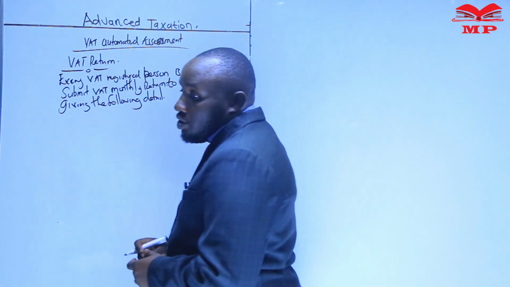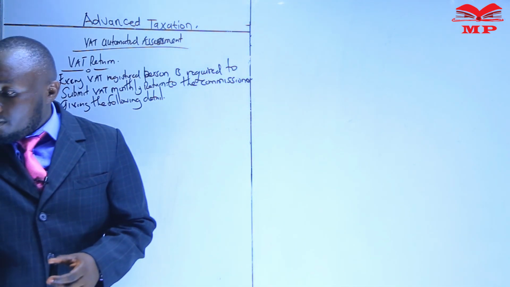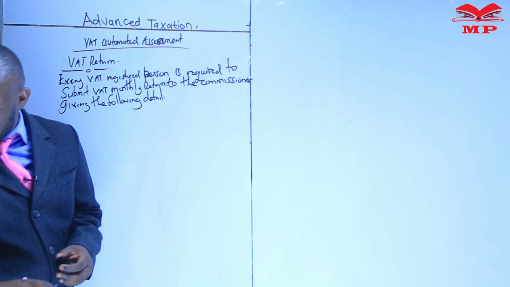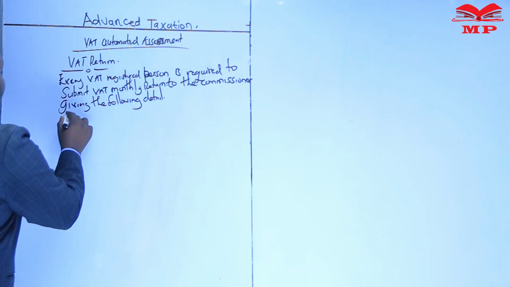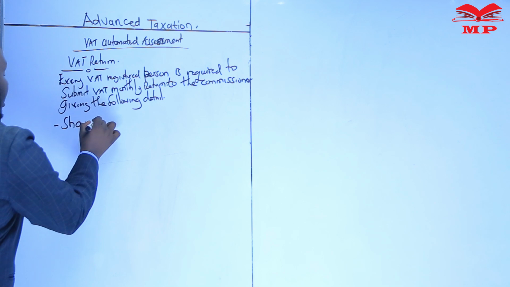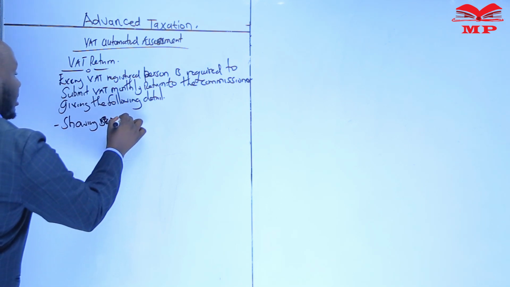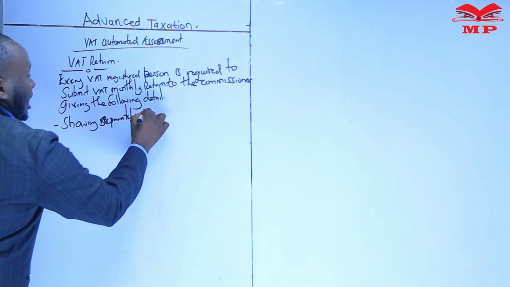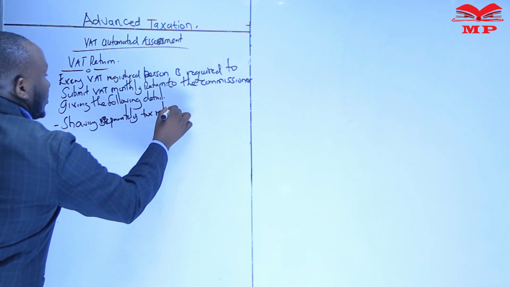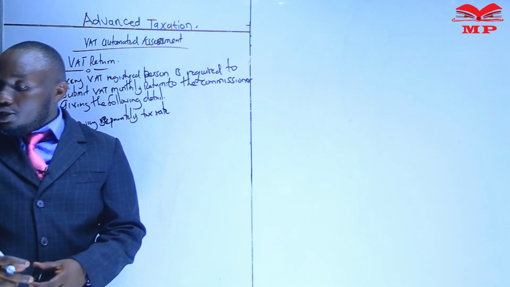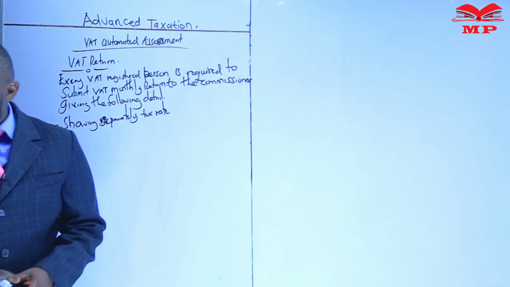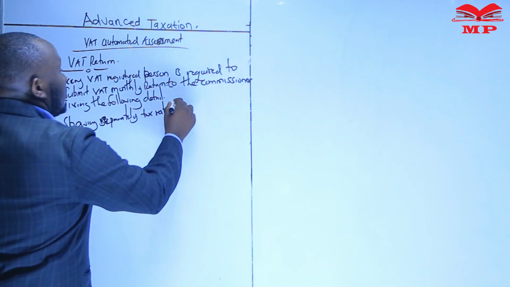So one, we can talk about showing separately tax rate. Total value of supplies.